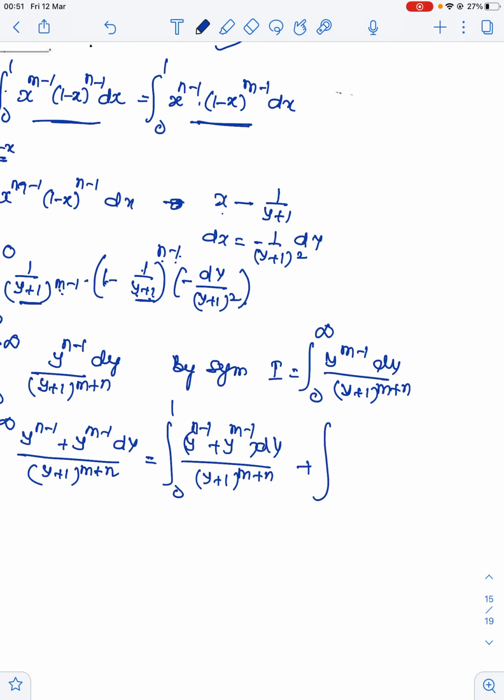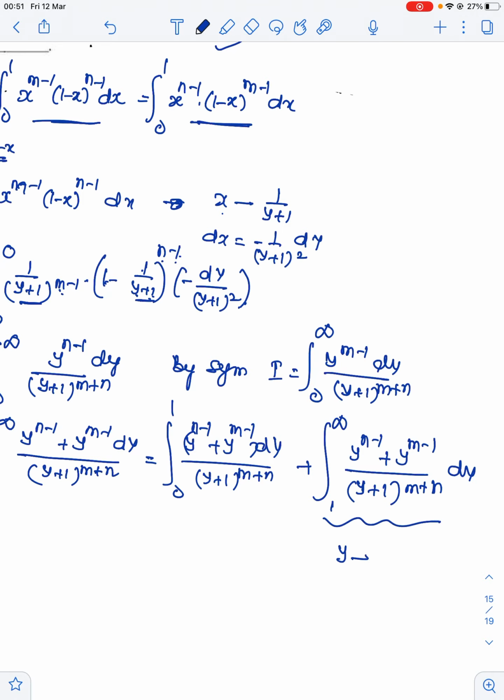This is 0 to infinity converted into two intervals, 0 to 1 and then 1 to infinity, (y to the power n minus 1 plus y to the power m minus 1) upon (y plus 1) to the power m plus n dy.